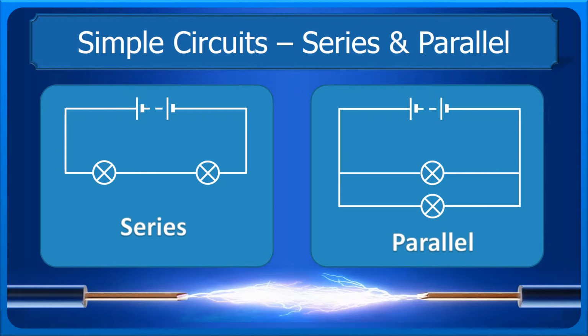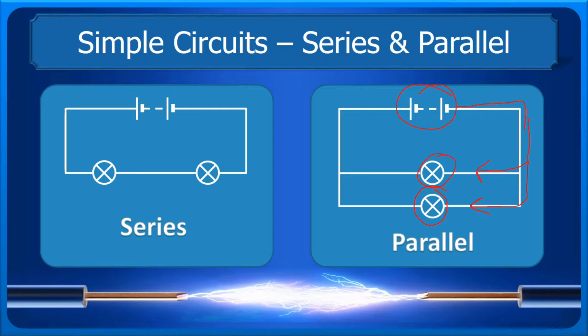However, with a parallel circuit this is not the case. Again, we've shown two bulbs here, and this time these two bulbs are shown in parallel. So what we notice now is that as the current flows from the battery, it has a choice to go through one or the other of the components, in this case the light bulbs that are here.